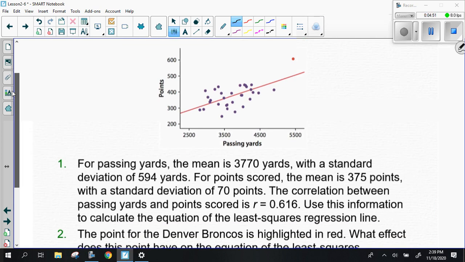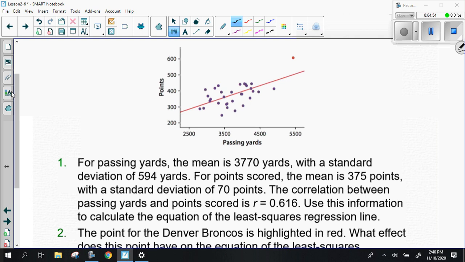So we've got a mean. Let's go ahead and write this thing down. In the information, it says for passing yards, the mean is 3,770 yards. So passing yards, it says, is our x, right?